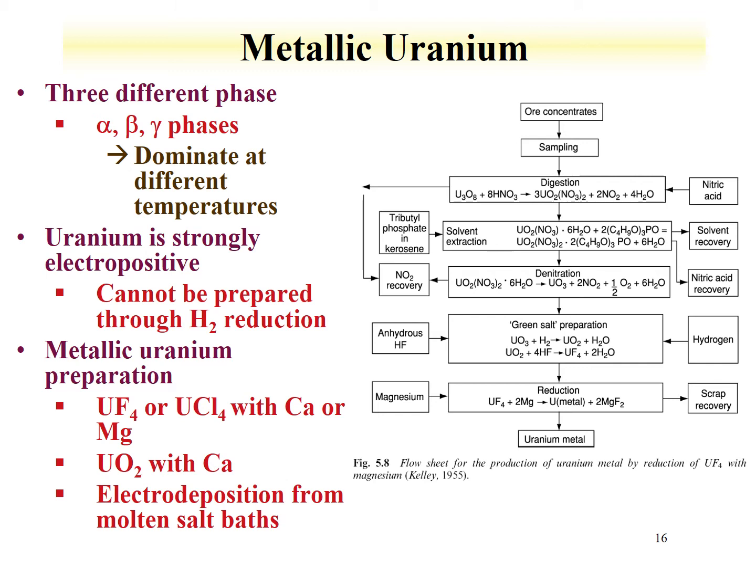If the molten salt is made out of sodium or lithium chlorides, what we're saying is that the potential for the formation of the uranium metal is greater than the potential for the formation of the metal from the salt. In other words, it's easier to make uranium metal than sodium metal or lithium metal, depending upon what's in the salt.